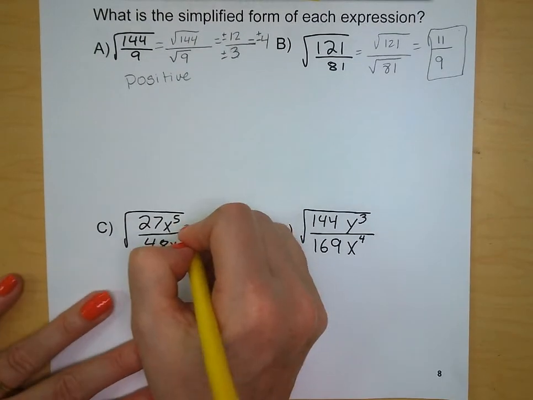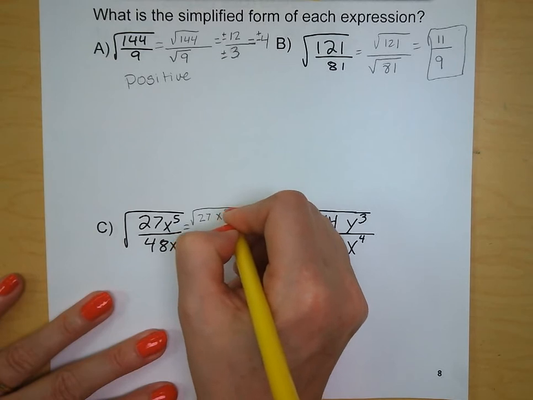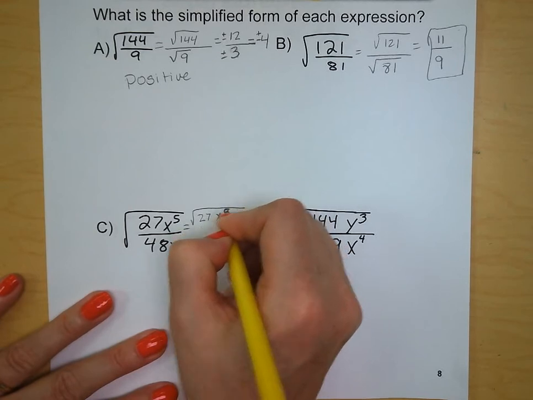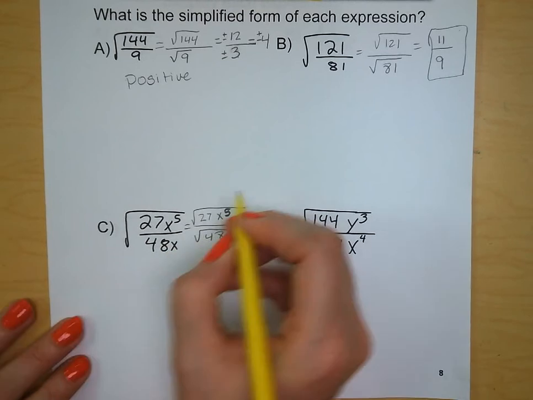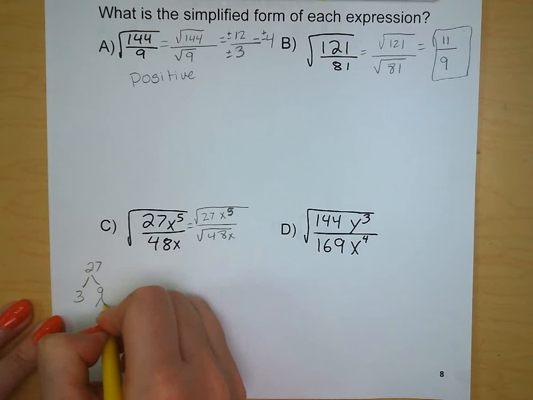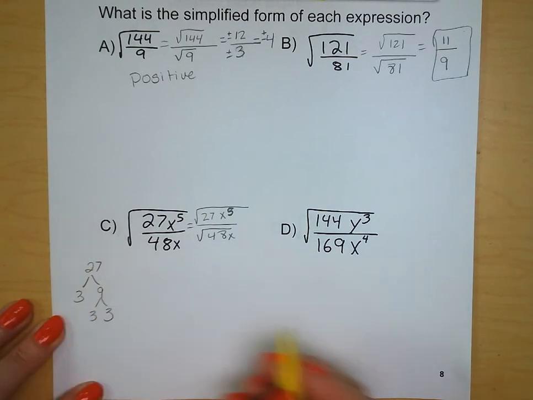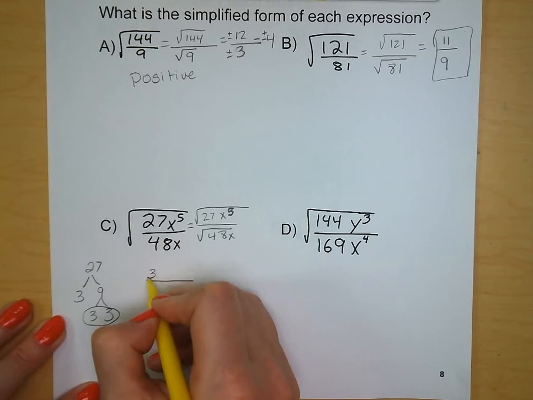Now we threw some variables in there, so we're taking the square root of 27x to the 5th over the square root of 48x, so we can do our factor trees. We've got 27 broken into 3 and 9, which is 3 times 3 times 3.